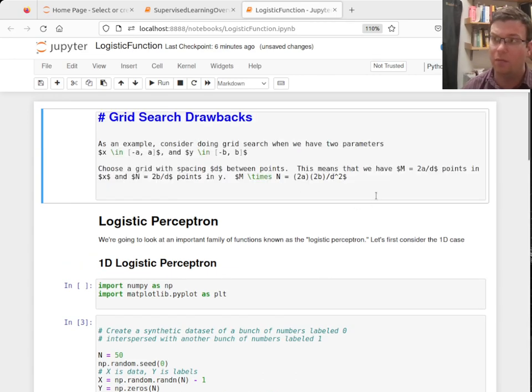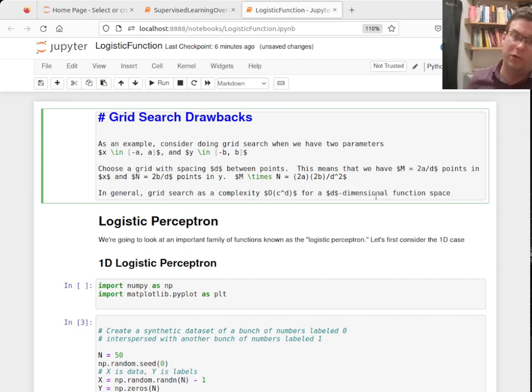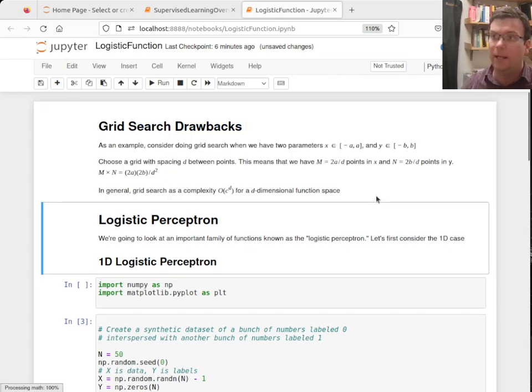So in general, grid search has a complexity that's proportional to big O of some constant to the d power for a d-dimensional function space. So if I have d degrees of freedom in my space of functions, this is really bad.